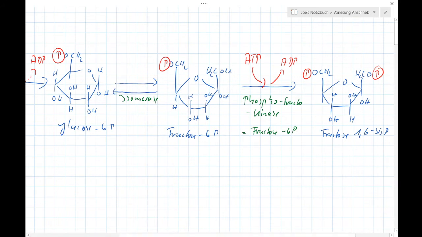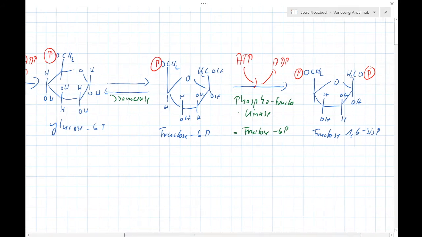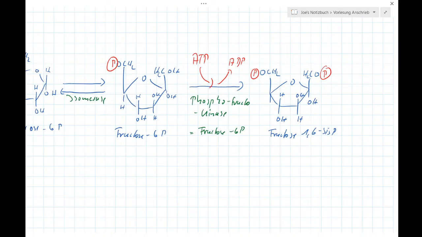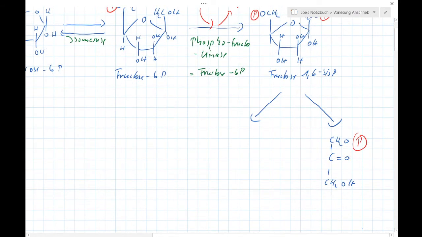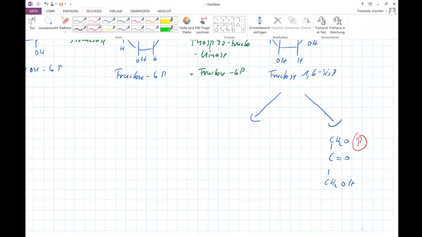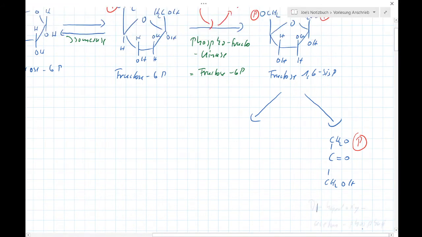Okay, now we have fructose 1,6-bisphosphate, and now we come to the next step, and this is the aldolase. The aldolase splits the fructose 1,6-bisphosphate into 2 C3 subunits. On the one hand, dihydroxyacetone phosphate.